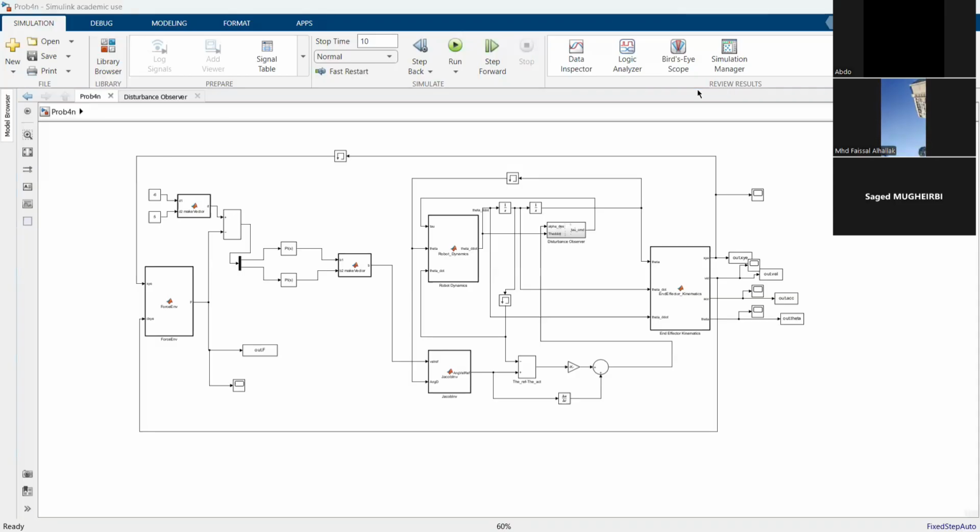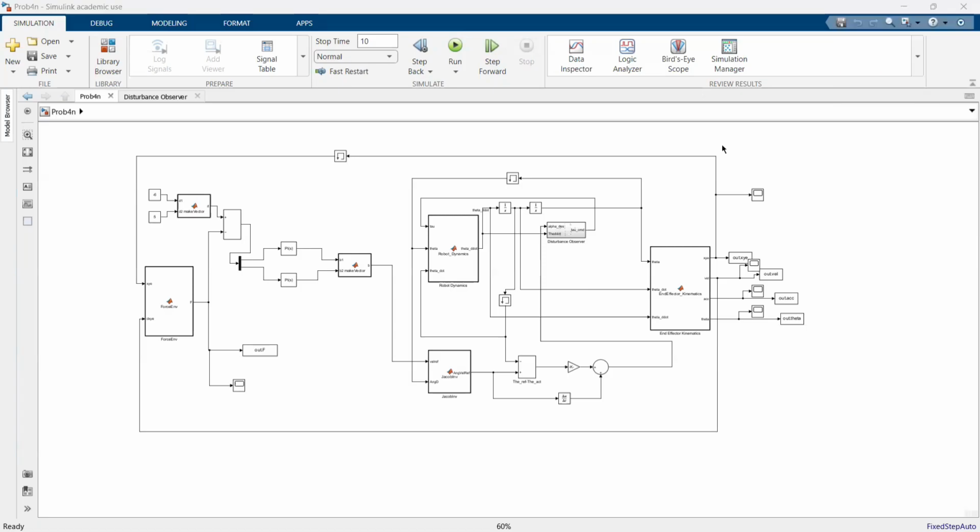Okay, and now I'm Sajid and I'm going to explain problem 4. First of all, our goal was to make the robot push against the corner of the wall at x equals negative 0.05 and y equals 0.75 meters with a specific target force.